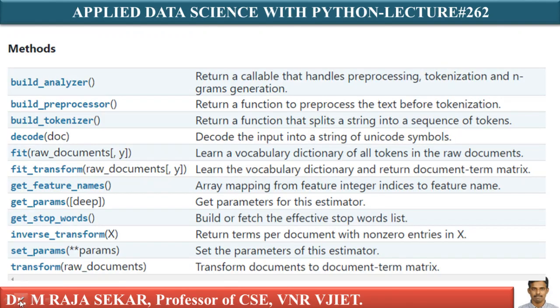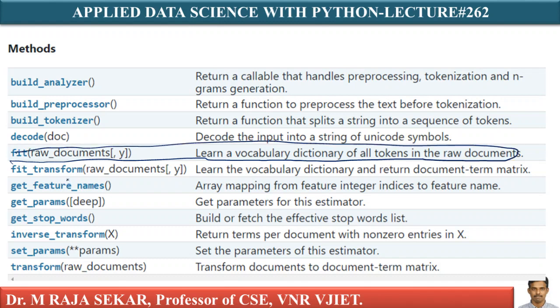These are different methods which are useful. I request you to go through these methods. As I told you, fit learns vocabulary dictionary of all tokens in the raw document, isn't it? In similar manner, there is get_feature_names. What is this? Array mapping from feature integer indices to feature names.